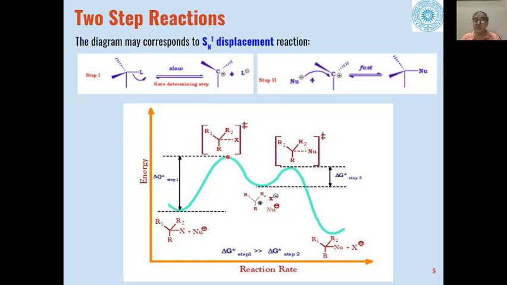The energy of the system at this point will be highest. So this is step 1, which is the slowest step, where this will get converted into a carbocation.